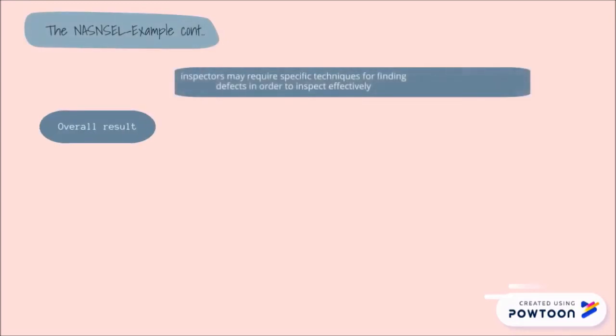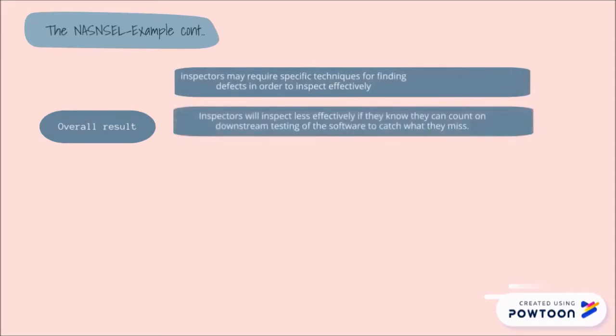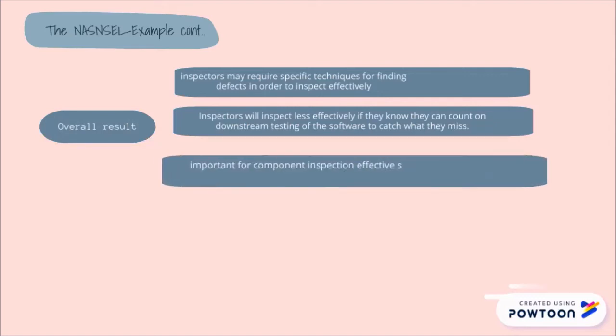So in the overall result, the inspector may require a specific technique for finding defects in order to inspect effectively. The inspector will inspect less effectively if they know they can count on downstream testing of the software to catch what they miss. It is very important for component inspection effectiveness.